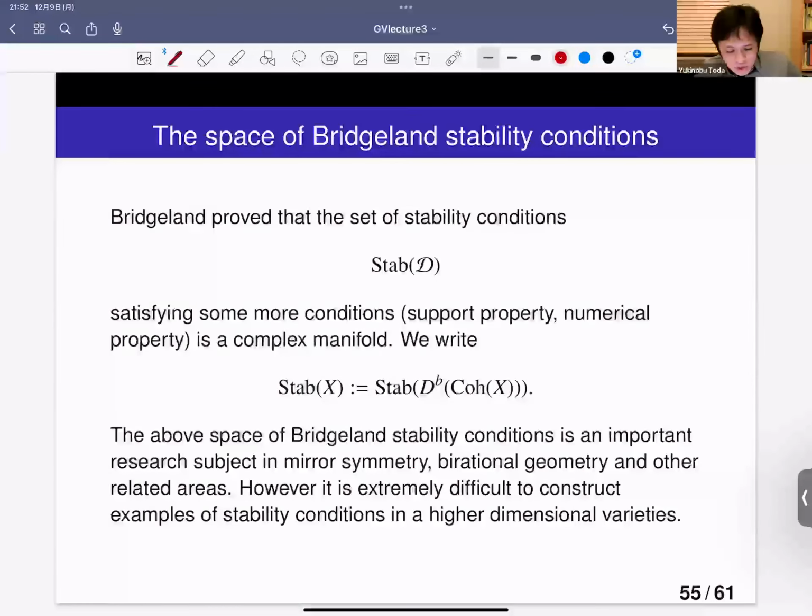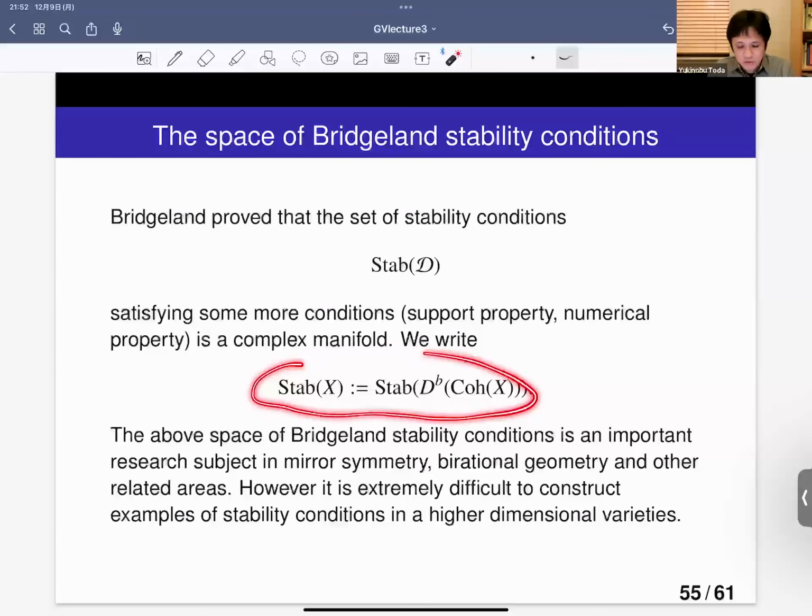Then the important point is that Bridgeland proved that the set of stability conditions on a given triangulated category D, satisfying some more reasonable conditions which I don't explain too much, the so-called support property and numerical property, forms a complex manifold.